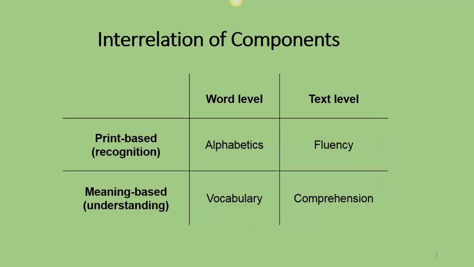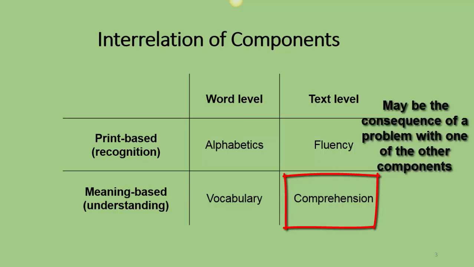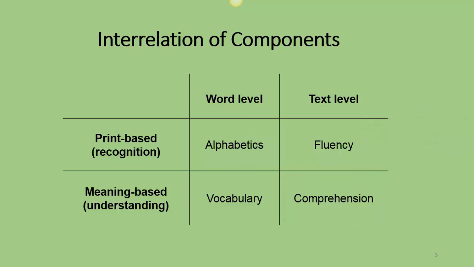And comprehension can be a little tricky because comprehension may not truly be the cause of the reading problem, but rather could be a consequence of gaps or weaknesses in the other components of reading. So I hope this helps you understand how the components interrelate.